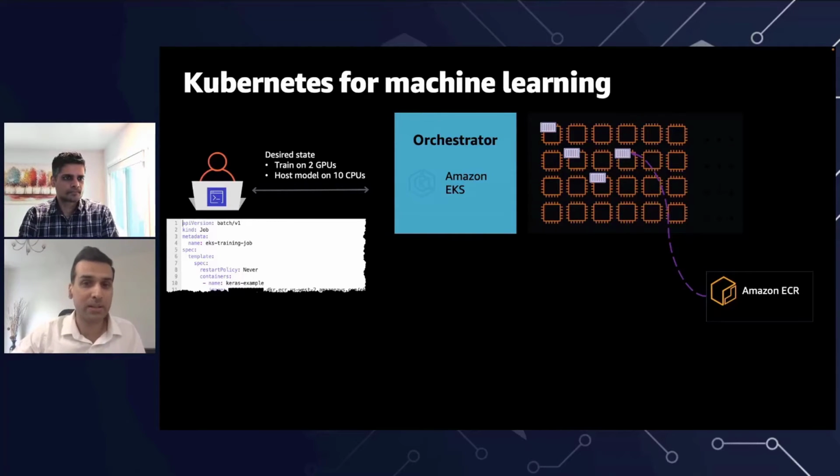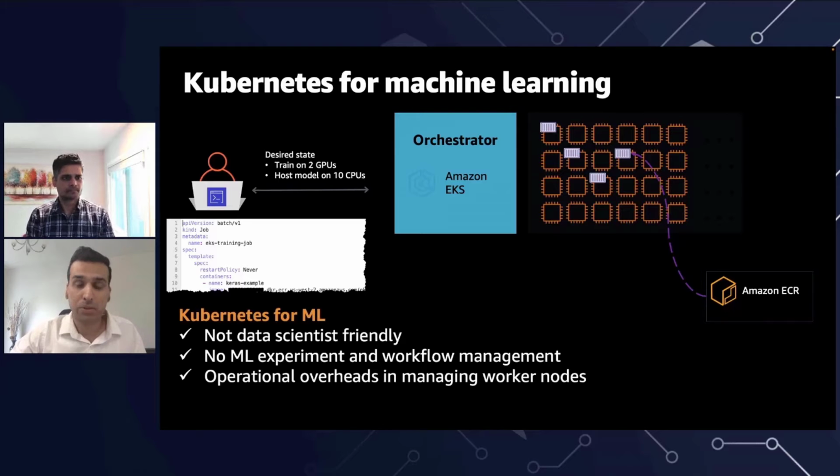However, there are still some challenges when we are trying to run a machine learning workload on a Kubernetes environment. It could be a little counterintuitive for data scientists to work on these YAML files and worry about formatting and other stuff, when they are used to working in the Python language.